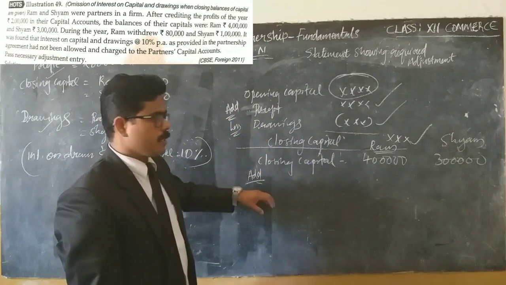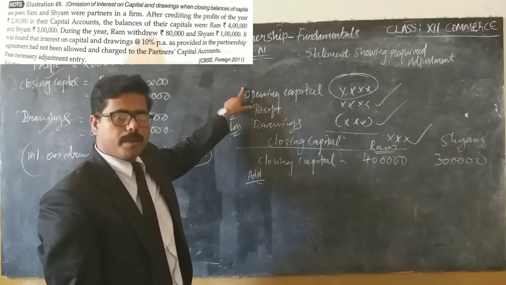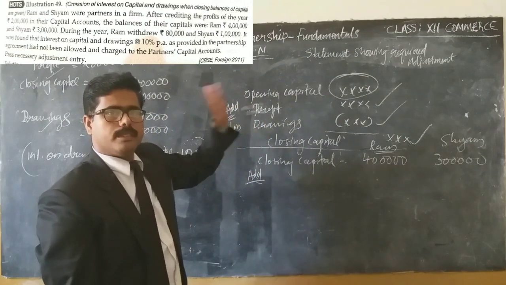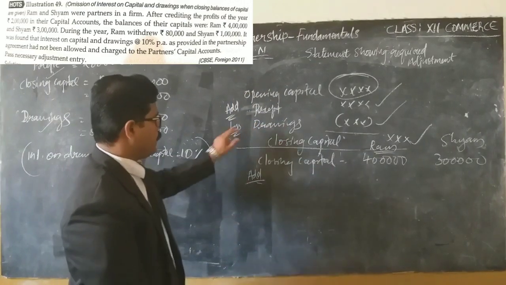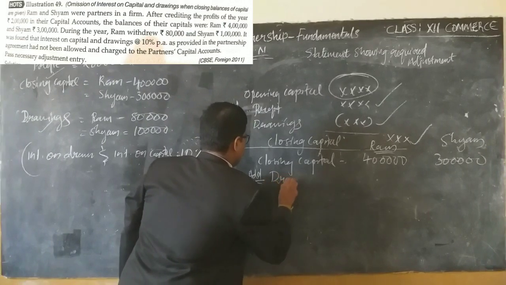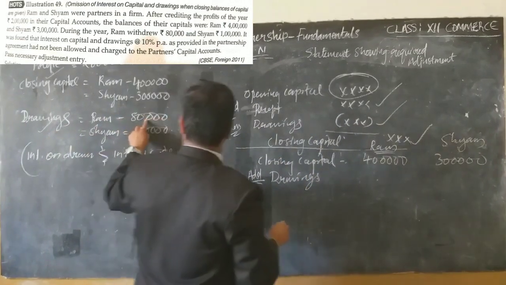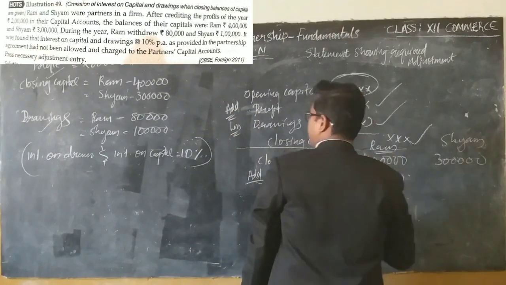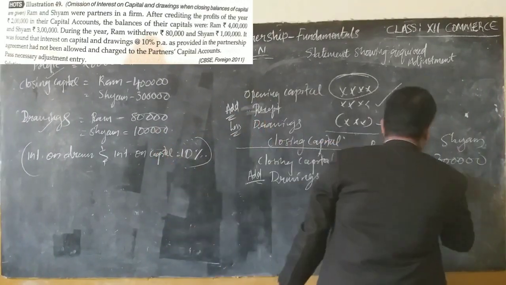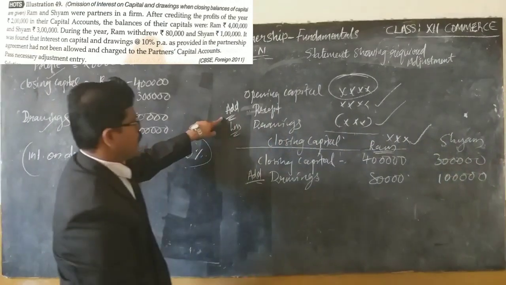So closing capital, drawing and profit are given, and we have to find the opening capital. Just do the reverse. Closing capital 4 lakh, 3 lakh, add drawings. Ram's drawing is 80,000, so 80,000 will be added, and Shyam's drawing 1 lakh rupees.